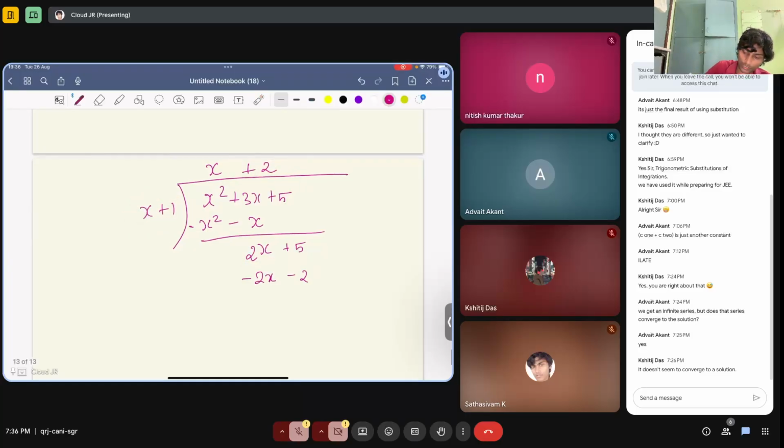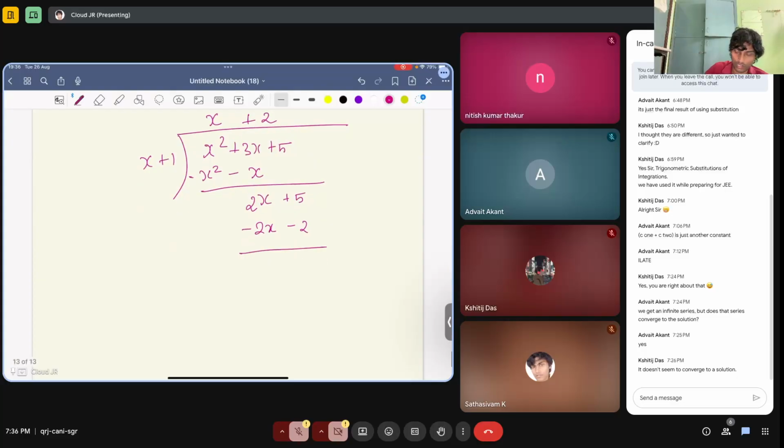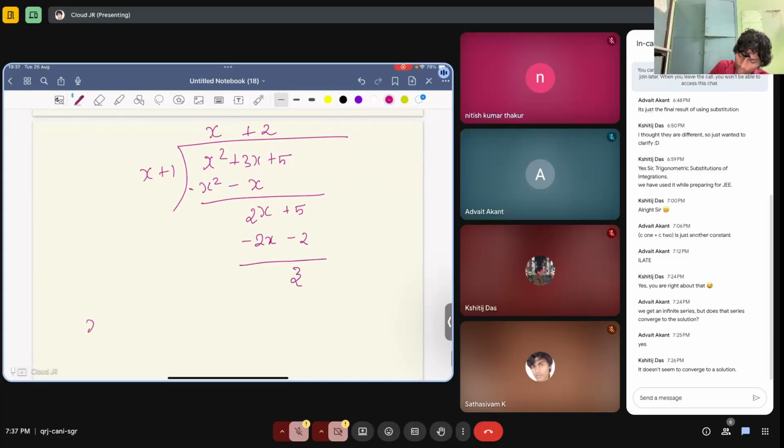When I do that, I'll just get the term 3. So I can write x square plus 3x plus 5 as x plus 2 into x plus 1 plus 3, right? I can write like that.